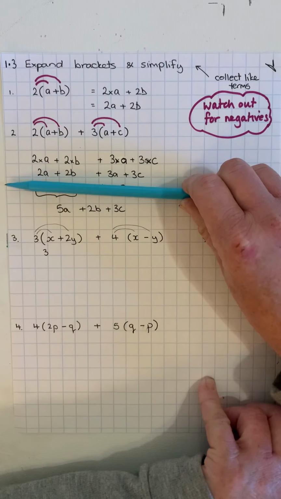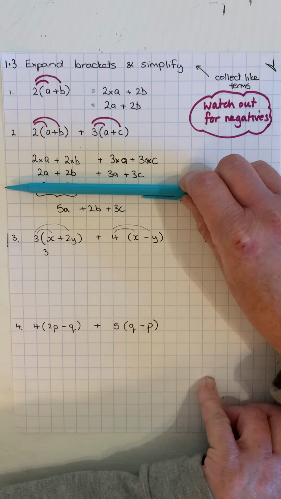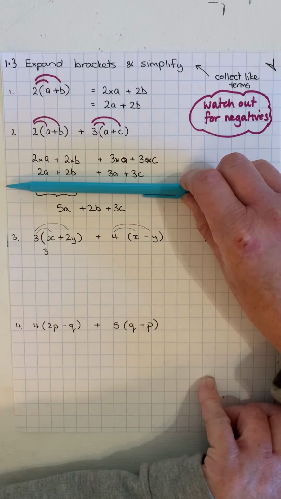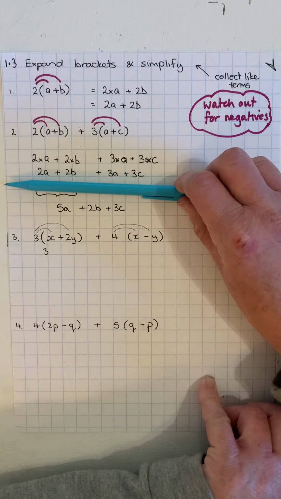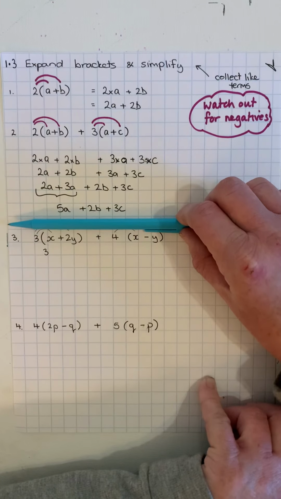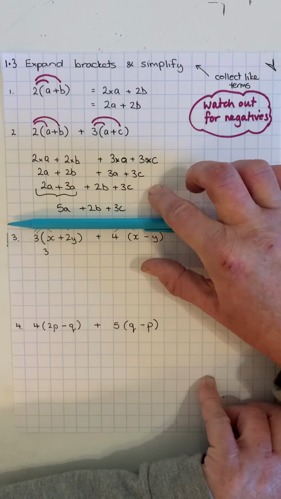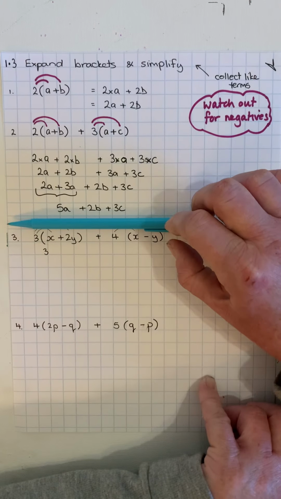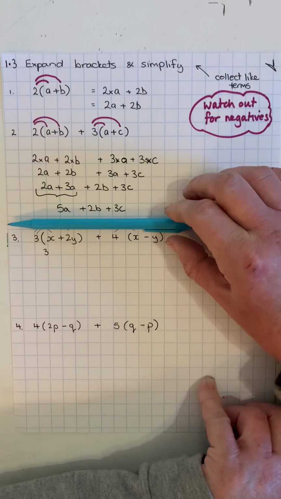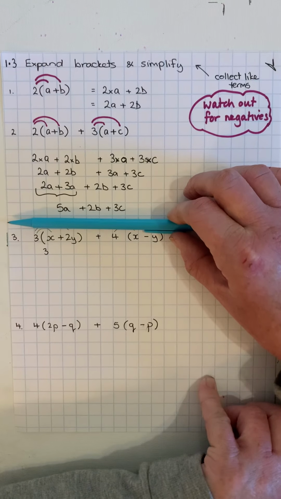Now looking at that line, you can see there are 2 like terms. We've got 2 terms with A, 2A plus 3A. And as you know, 2A plus 3A is 5A. Then we simply rewrite 2B plus 3C. There are no other like terms to collect.